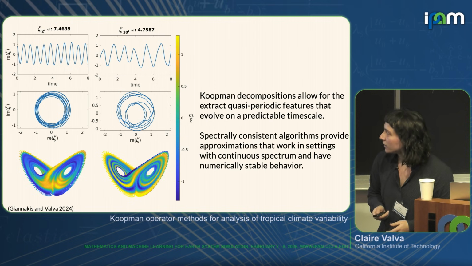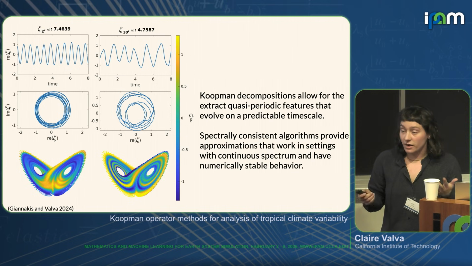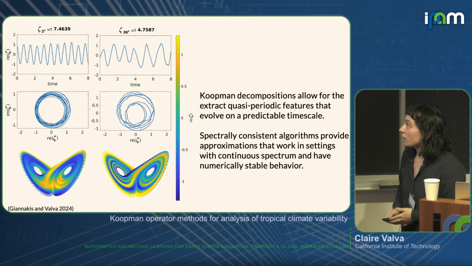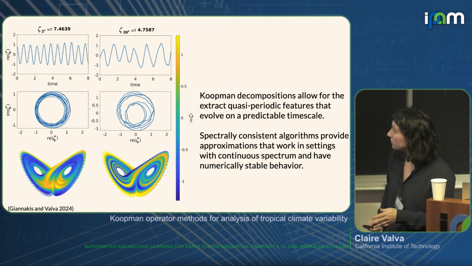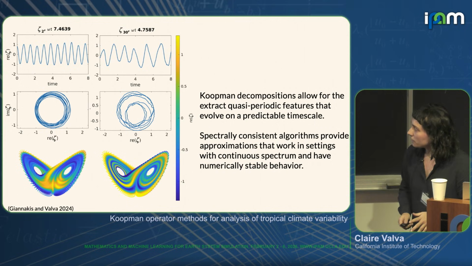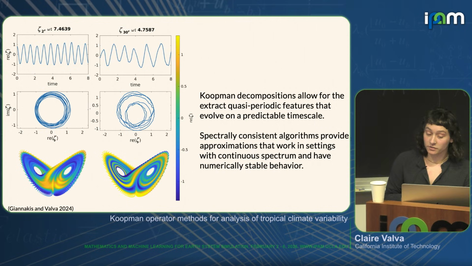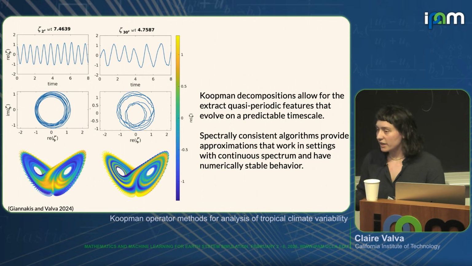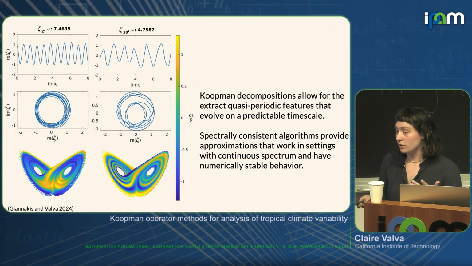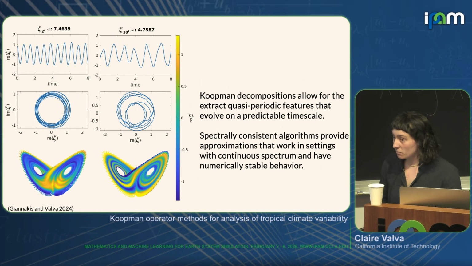So these algorithms are able to identify slowly decorrelating observables, and notably a frequency at which they evolve. And these are going to work in a lot of settings, even those with continuous spectra, and they have fairly numerically stable behavior to data perturbations, maybe more so than traditional DMD methods. So the smoothing adds some nice preconditioning.